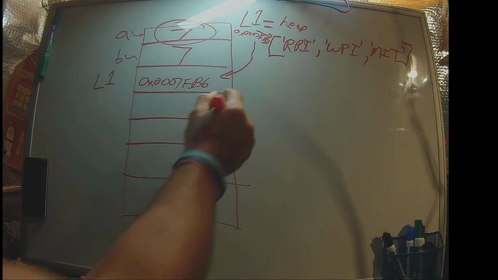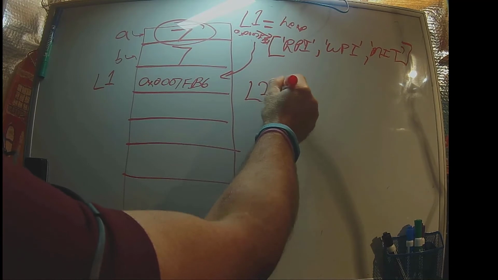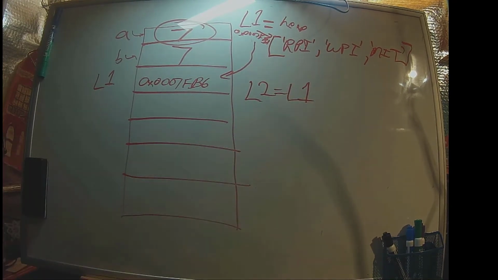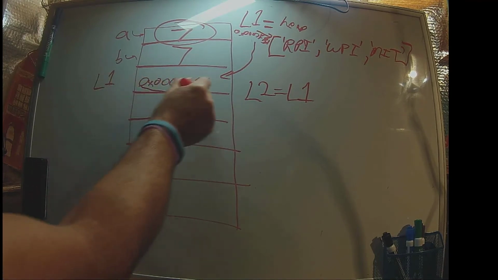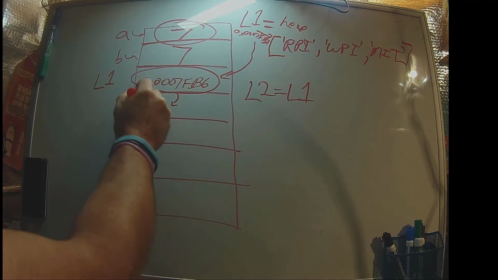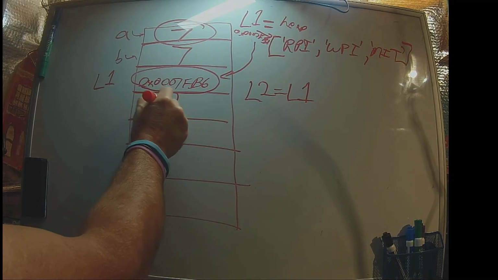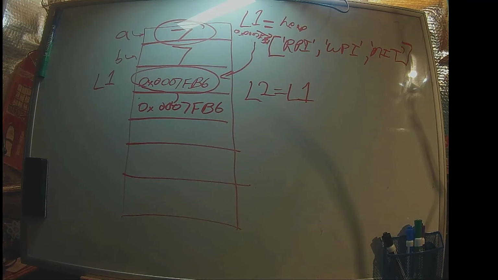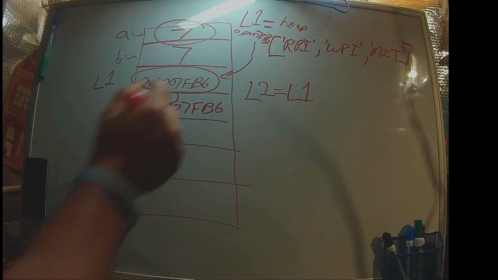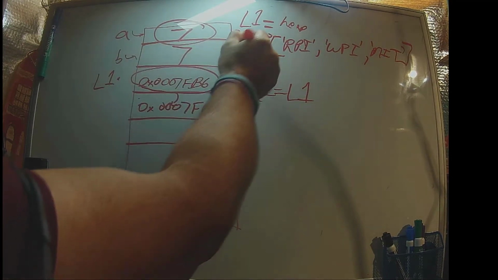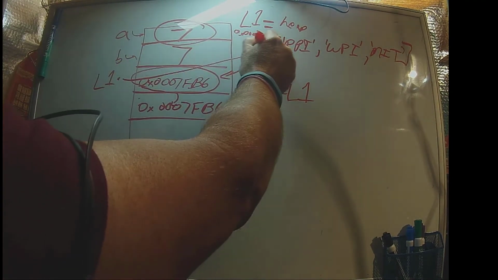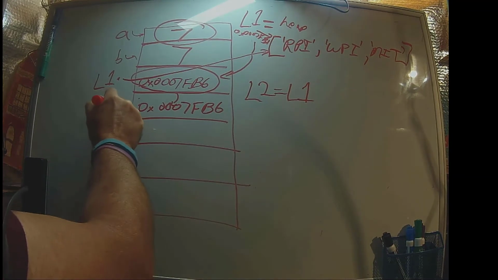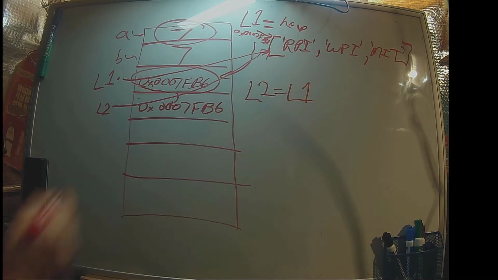So now when we say something like L2 equals L1, just like we did with A and B, we take whatever's in L1 and we copy it down into L2. So now L1 points to this list, and L2 points to exactly the same memory.